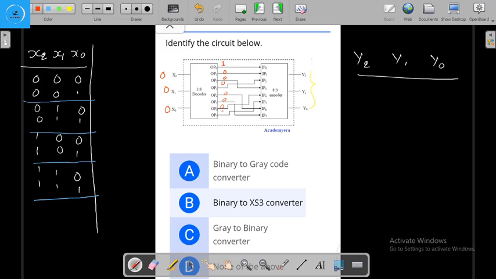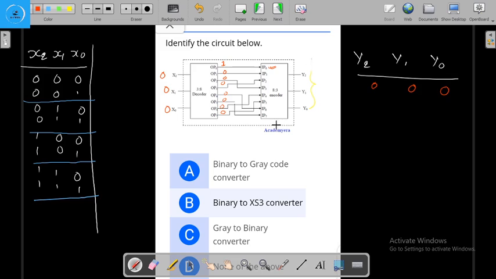When op0 is equal to 1, ip0 will be activated in the 8 to 3 encoder, so our output will be equal to 0 0 0, because this 0 will be activated.